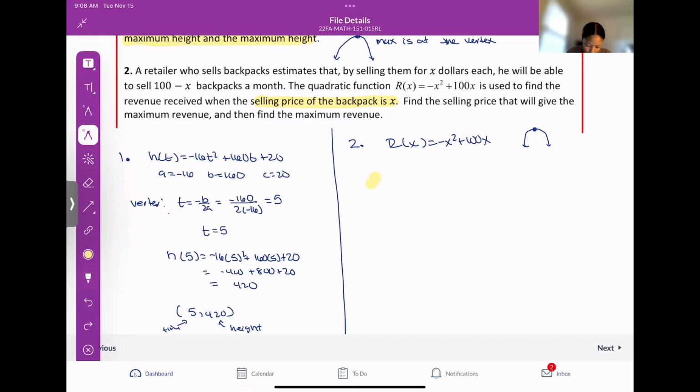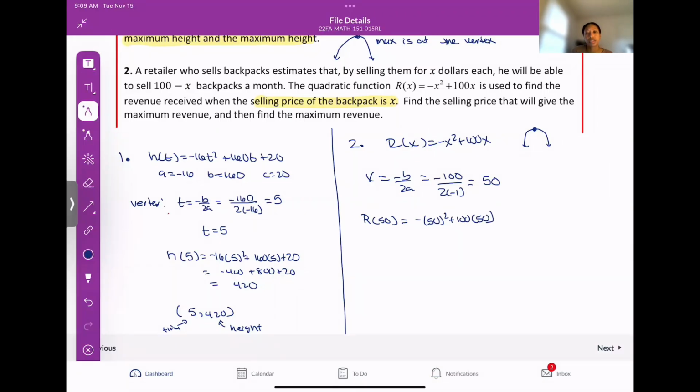x would be equal to negative b over 2a. In this case, that's negative 100 over 2 times negative 1. Yeah, so that is 50. x is equal to 50. So we're selling the backpacks for $50. And then R of 50 would be negative 50 squared plus 100 times 50.